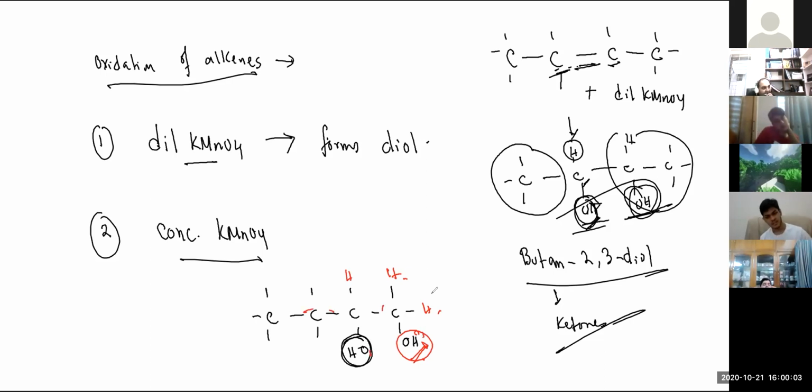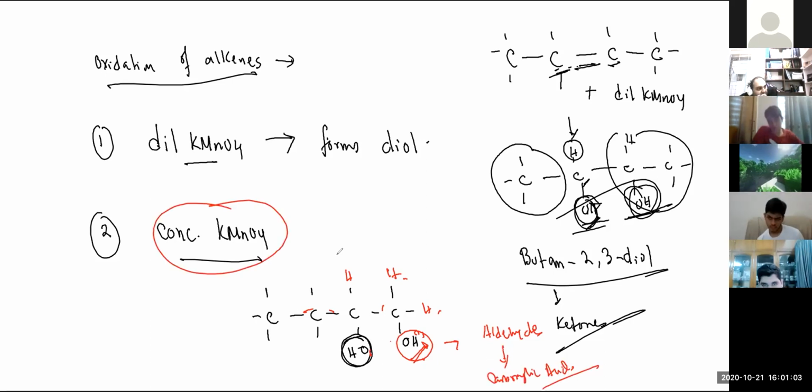So primary alcohol gets oxidized to what? Aldehyde. And aldehyde gets oxidized to what? Carboxylic acid. So Samrin, primary alcohol gets oxidized to? Aldehyde. And then? Carboxylic acid.